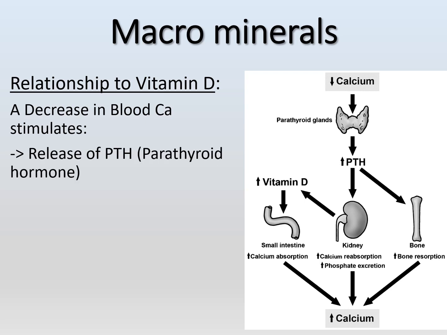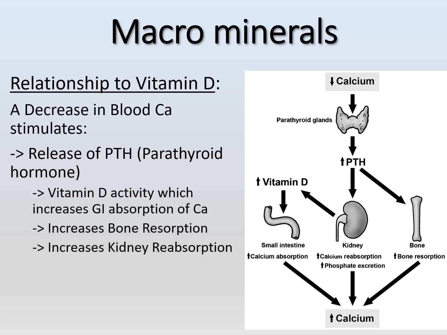So say we have a decrease in our blood calcium. So that's going to stimulate some things that's going to happen in our body. And one of the biggest things it's going to release is a specific hormone called parathyroid hormone. And that's going to do a couple of different things.